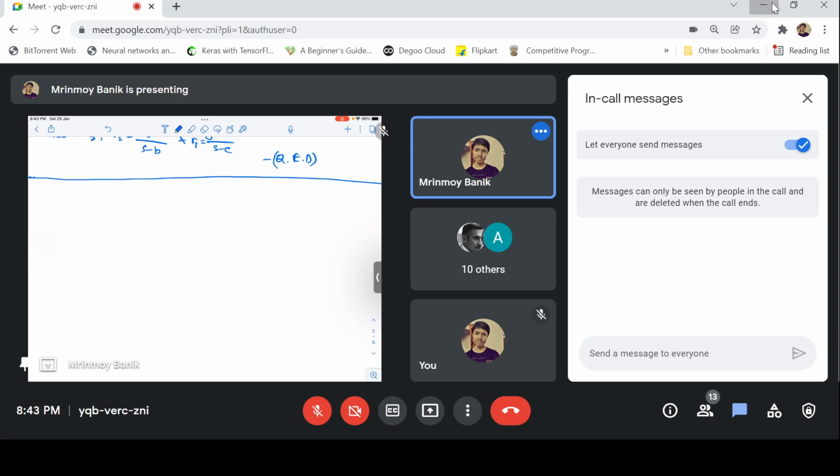So s minus a was smaller, 1 by s minus a was larger. Okay, so the negative sign is not a surprise. So if the left hand side is negative, how come the right hand side is positive?